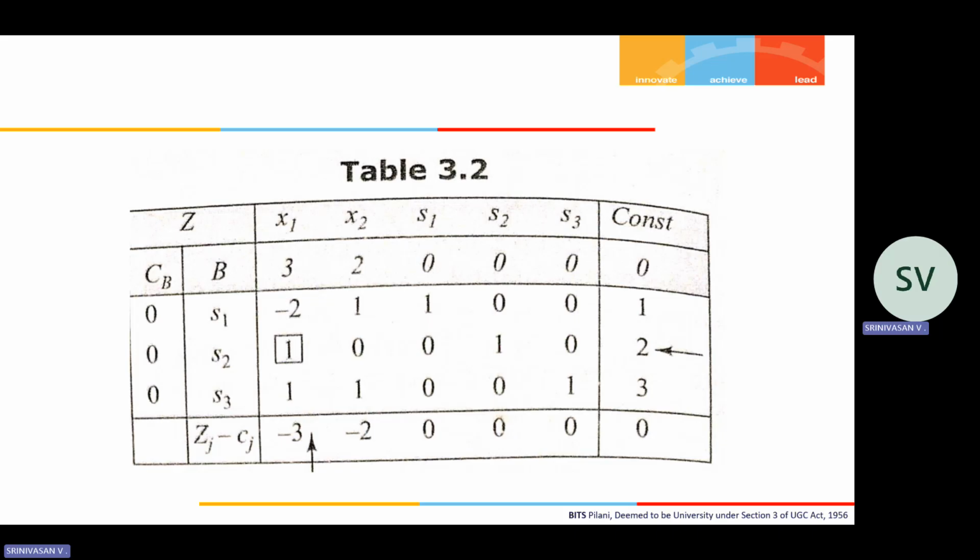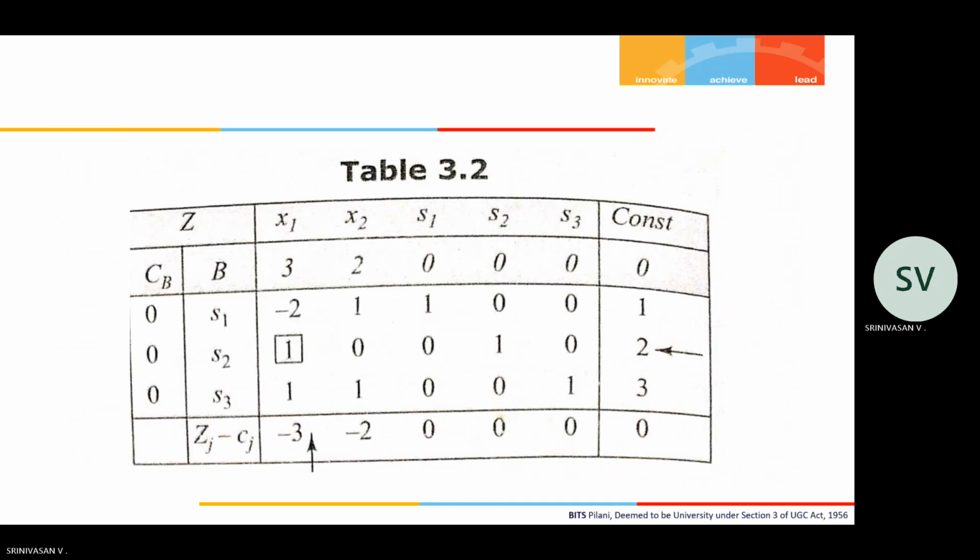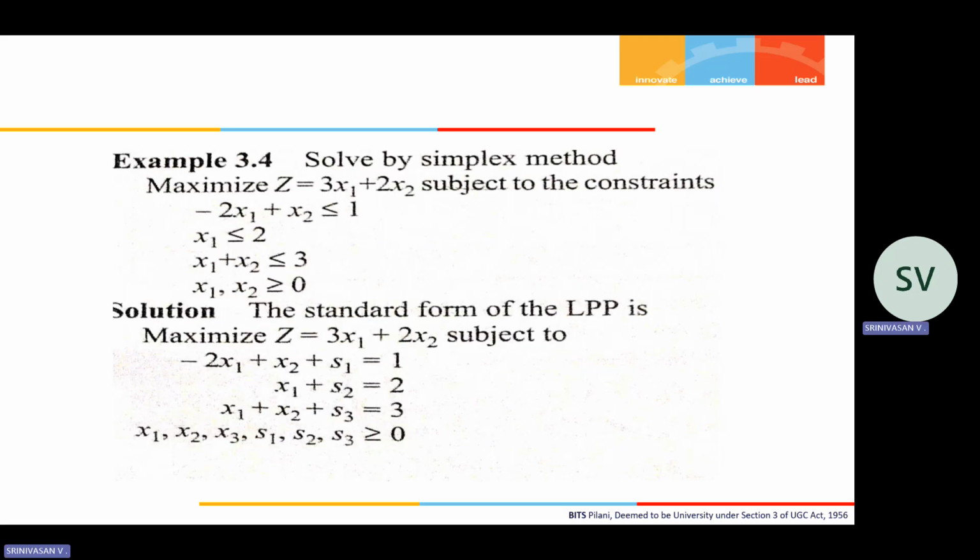These are standard. Now coming to this second row, you write the coefficients of x1, x2, s1, s2, s3. x1, x2 in the problem, if you just go back, Z is 3x1 plus 2x2.